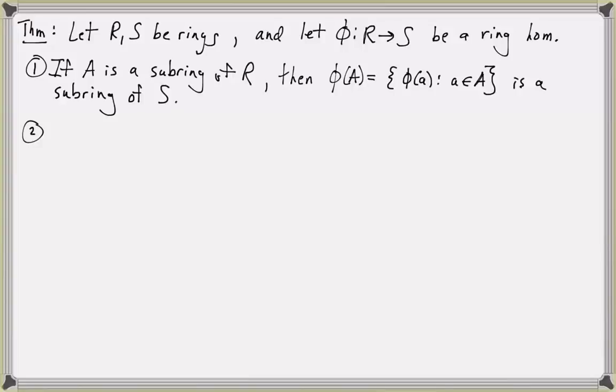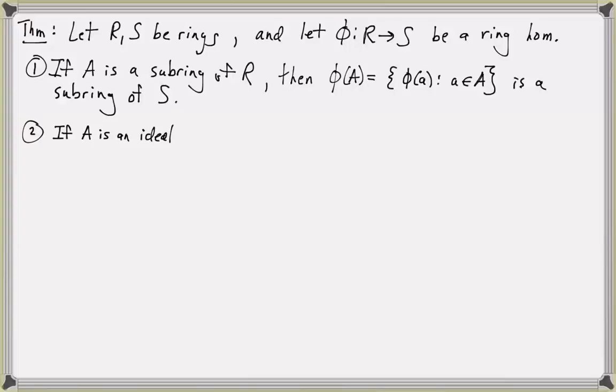Secondly, now in particular, if A is an ideal, then it's not necessarily true that phi of A is also an ideal. We need one more condition.